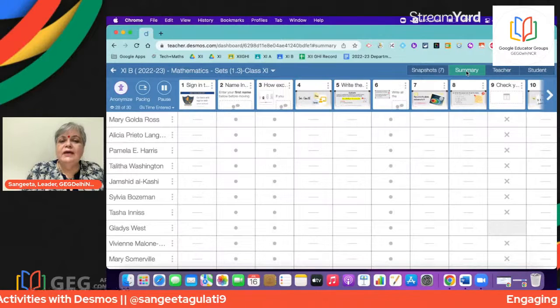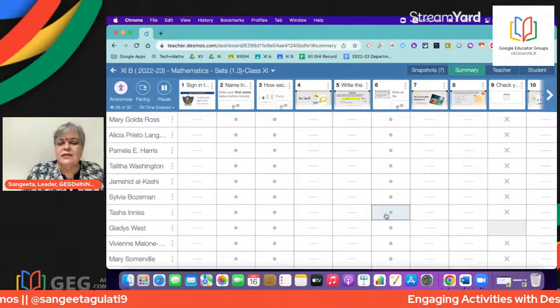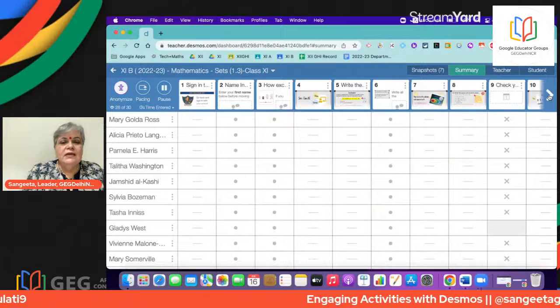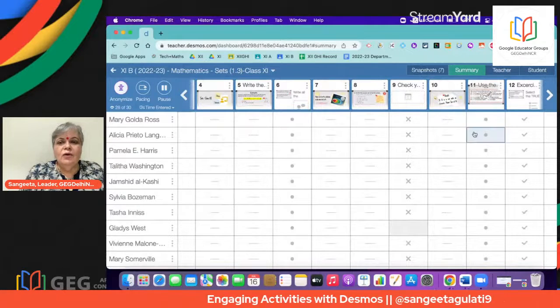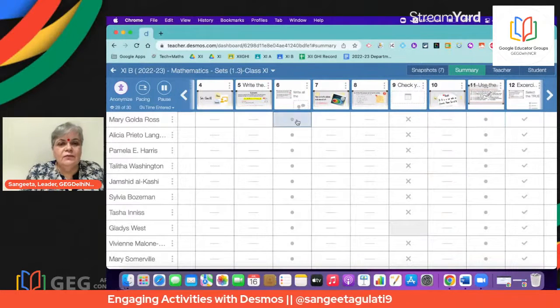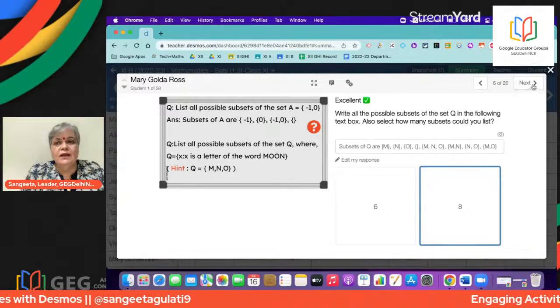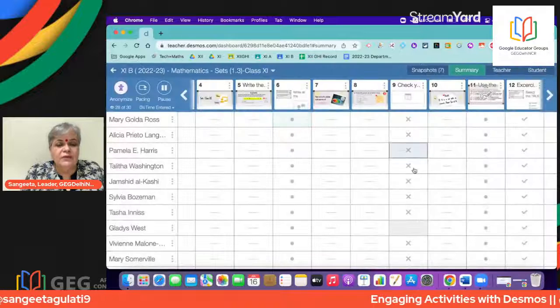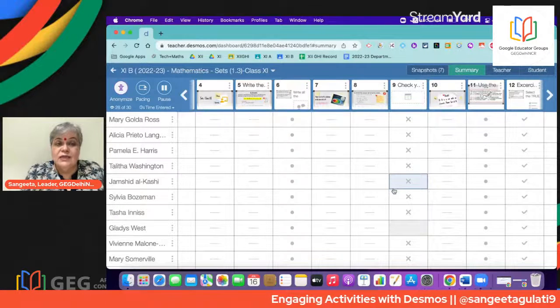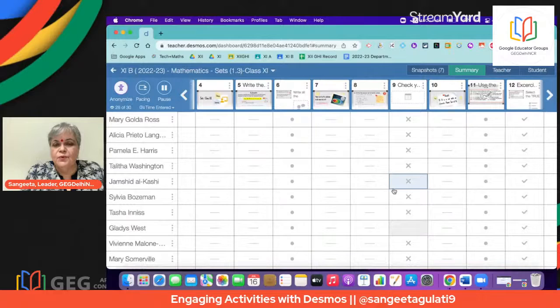The way that I get to see if they've finished it or not is just by the summary. And I can always go back and open any of these screens, look at what the students are doing, what kind of answers they have given, and also leave some feedback for them as and where needed. So that's a kind of power that this dashboard has.